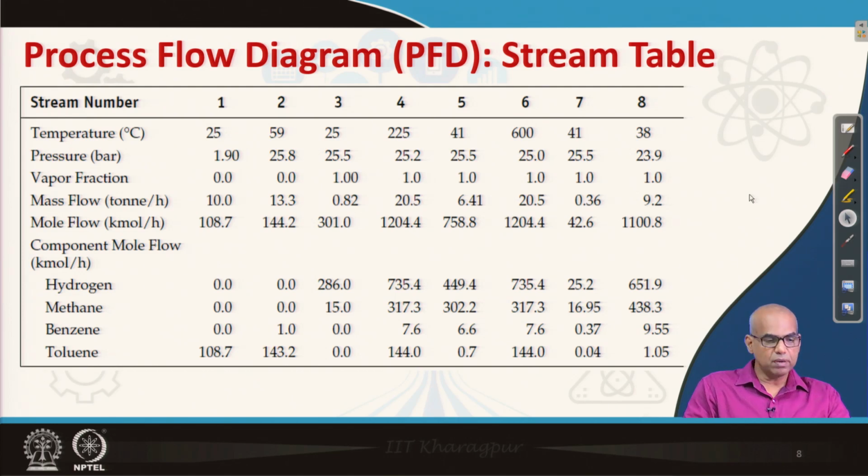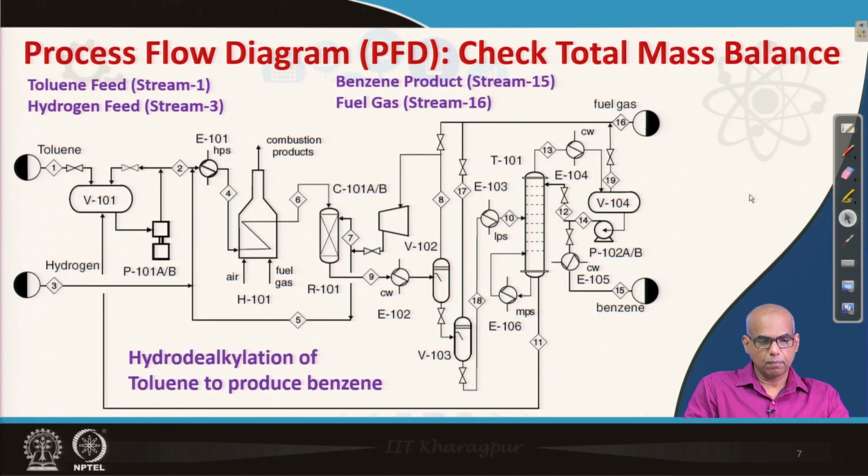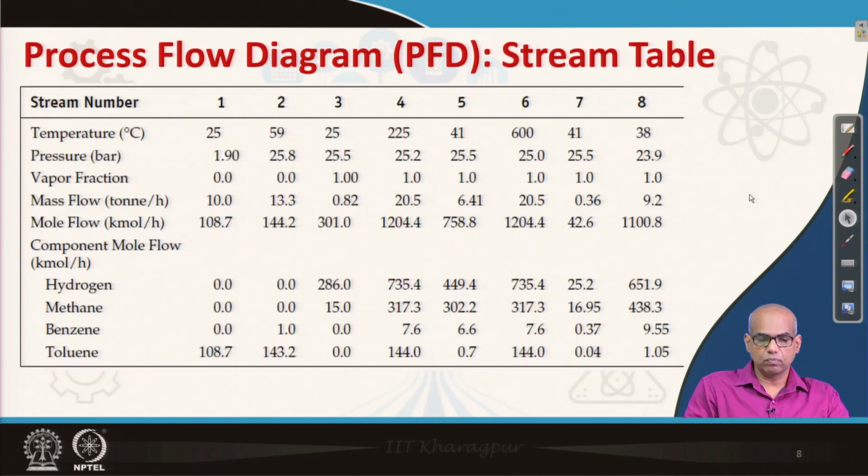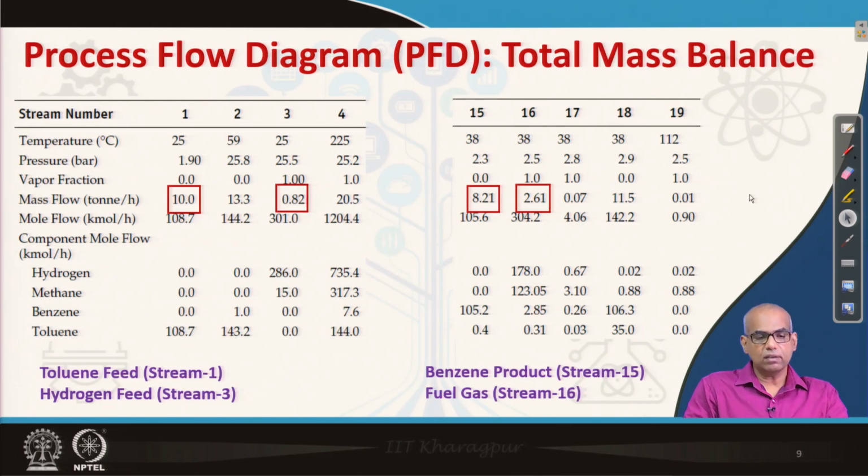This is part of the stream table, and all the information, temperature, pressure, vapor fraction, mass flow rate, etc., are all available. Now, to check the total mass balance, we have to look at how much toluene and hydrogen enters and how much fuel gas and benzene comes out. So, we have to focus our attention on stream number 1 and 3 as input and stream number 15 and 16 as output.